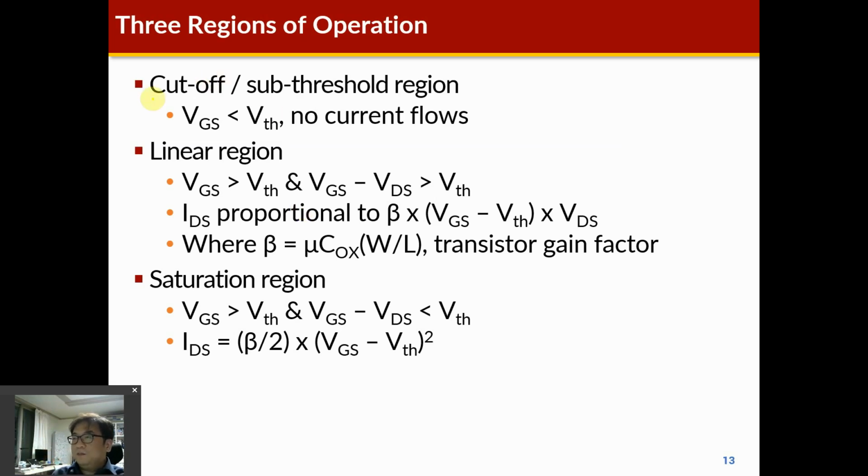So I will just mention that there are three regions: cutoff or sub-threshold region, linear region, and saturation region. In digital circuits, we only consider the cutoff or sub-threshold region and the saturation region. This is the on case, and this is the off case.